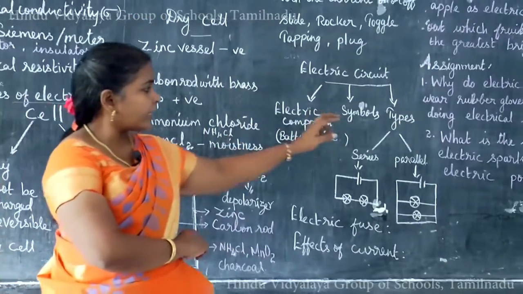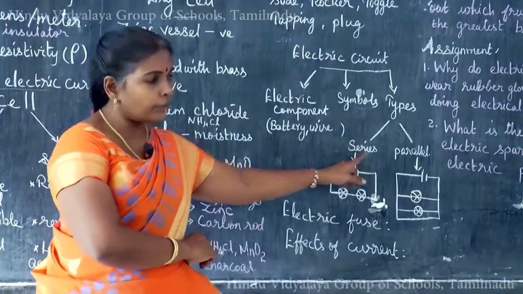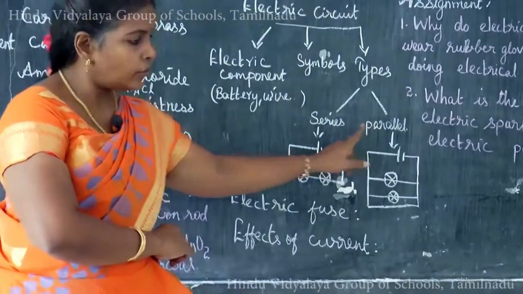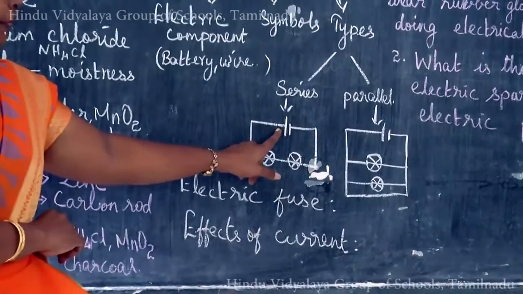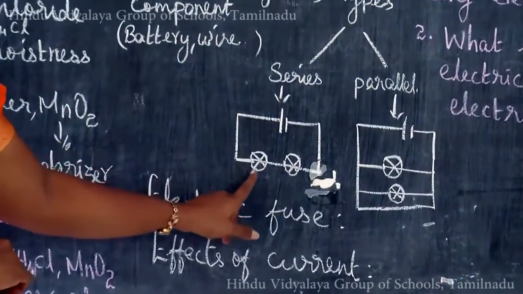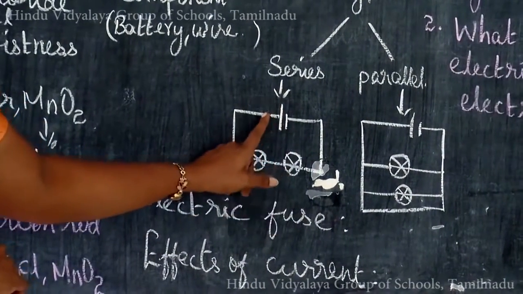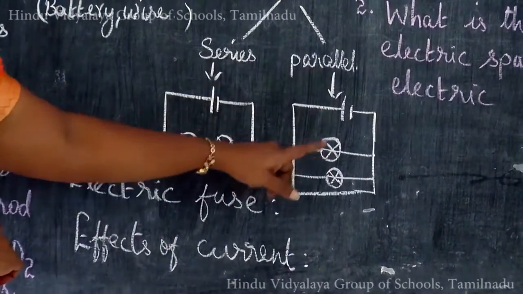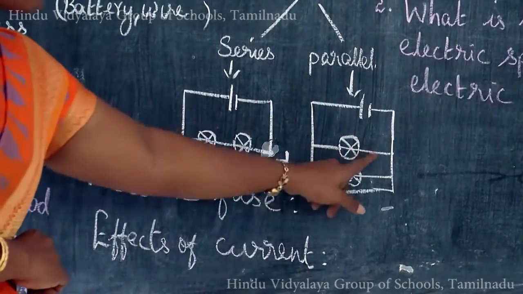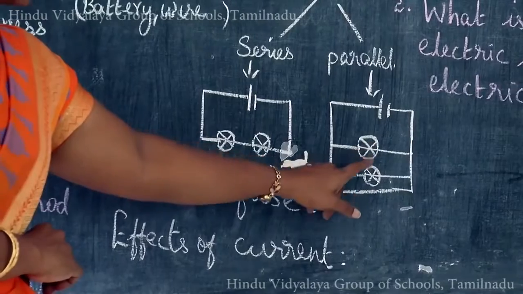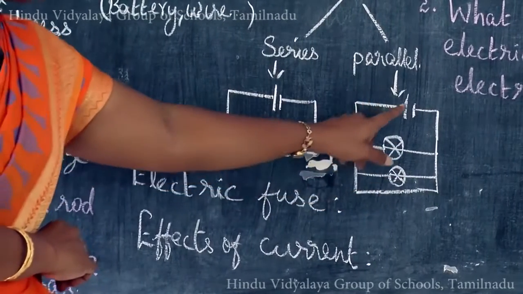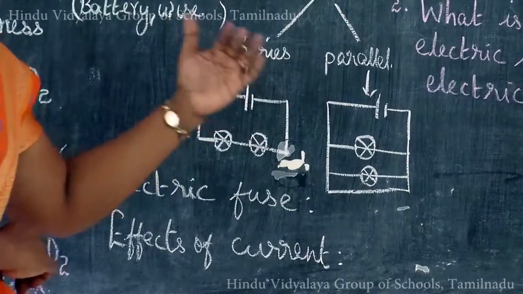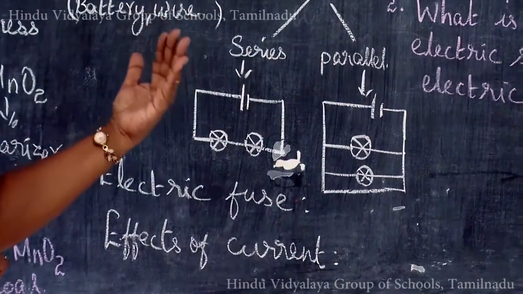And next, there are two types of electric circuit. One is a series circuit, another one is a parallel circuit. In a series circuit, current flows through only one branch, that is, current flows through only one path. But in a parallel circuit, current flows through different branches. Here two bulbs are connected and current flows through these two branches, that is, it flows through multiple paths.